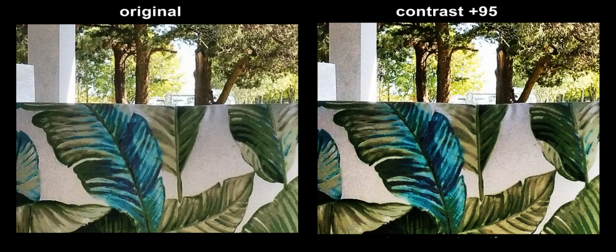Here we have an image on the left of the original, and I've used the camera controls to raise the contrast, to boost it up to a very, very high level. You see, it makes the colors pop. It just brings out, let's just say, the good color.